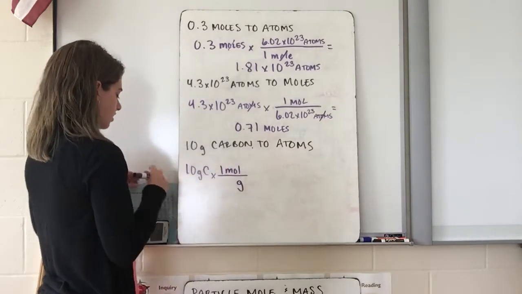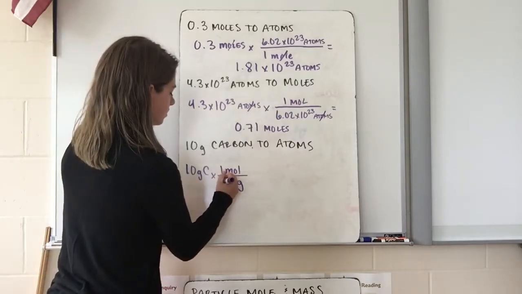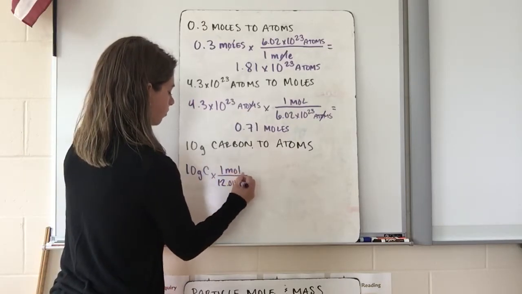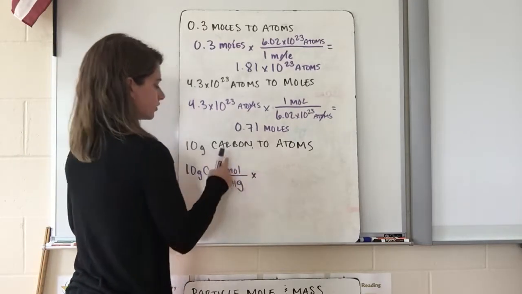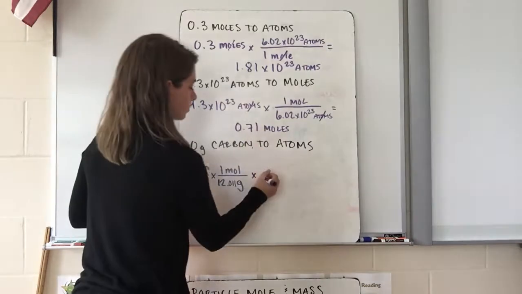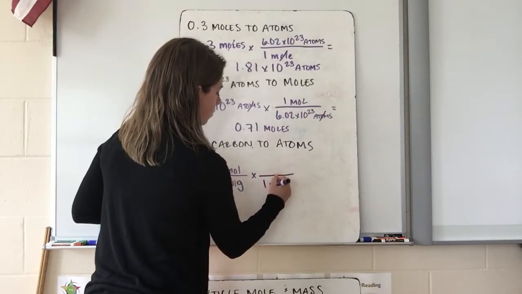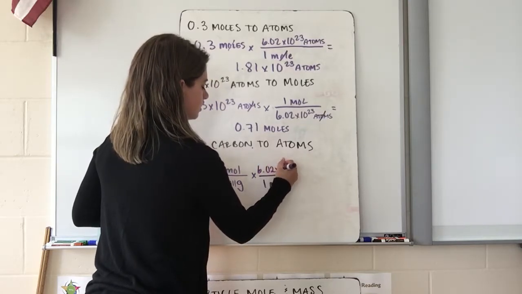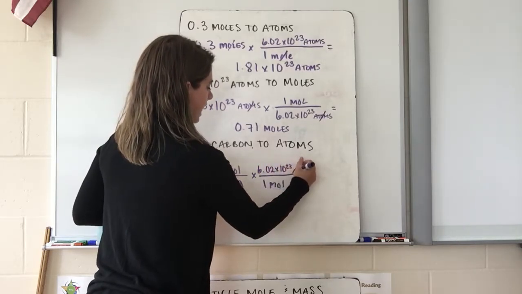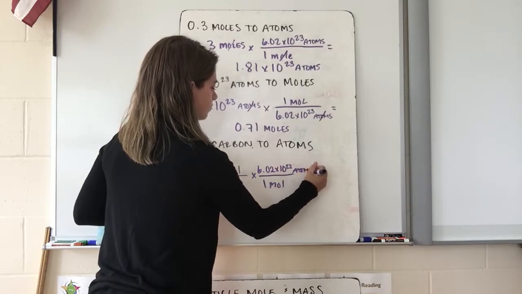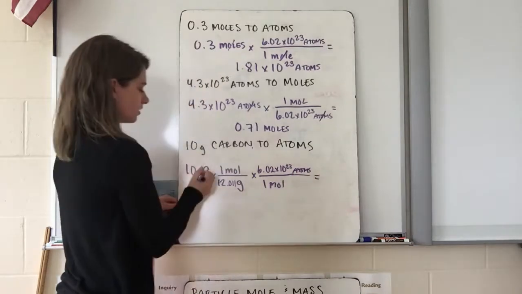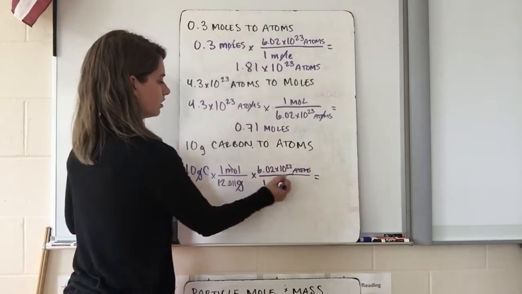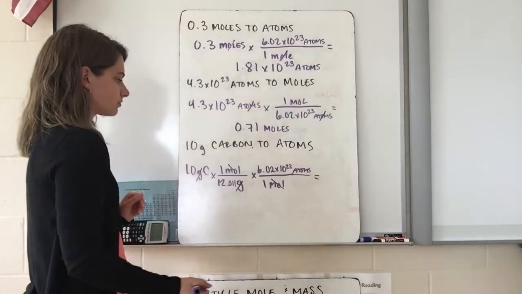The molar mass of carbon, we're going to look on our periodic table, is 12.011. And so this gets me to moles, and then I'm going to go to particles. So I'm going to put 1 mole on the bottom, and I'm going to put 6.02 times 10 to the 23rd atoms on the top. So grams cancel and moles cancel.